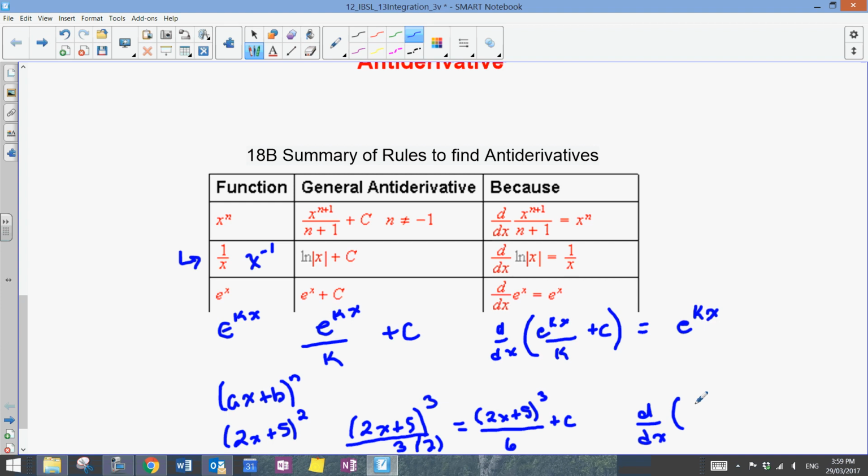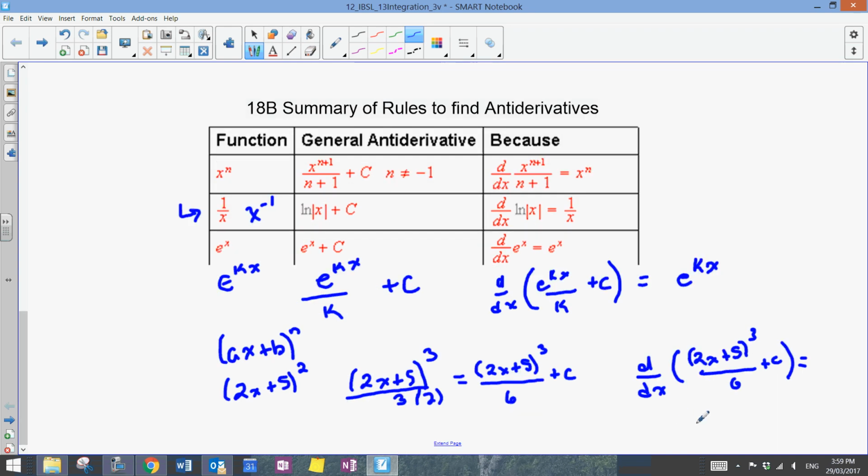So let's see, if I did take the derivative of that, would I get back to my original? So if I had 2x plus 5, all raised to the third power over 6 plus c, what would happen if I took the derivative? So 3 multiplies by my coefficient. I get 2x plus 5 to the second power, which is what I wanted, multiplied by 2.